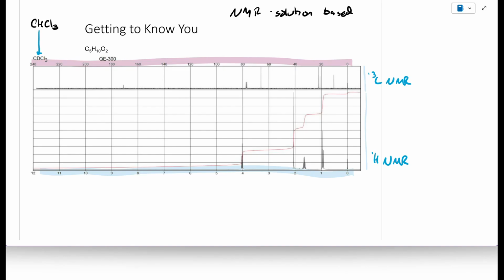So when you go to the instrument, you tell it what nucleus you want to look at, and it only uses those radio wave frequencies to excite the molecule. So because deuterium is active in a completely different region of the radio wave frequency, we can cause chloroform to be essentially invisible in a proton NMR. By deuterating it, making it deuterated chloroform, it's effectively invisible in the proton NMR.